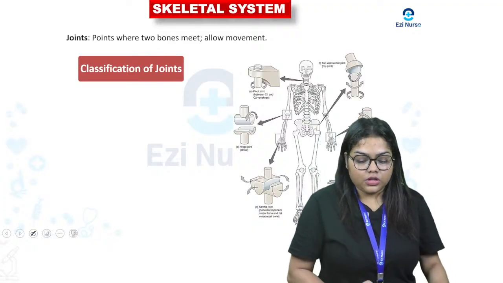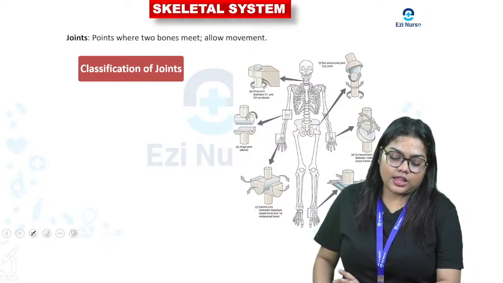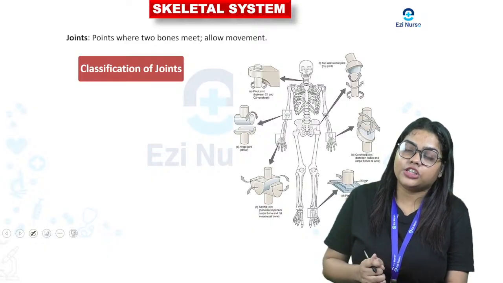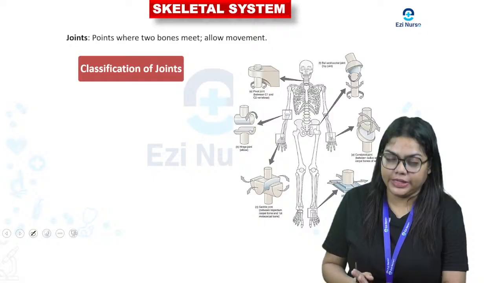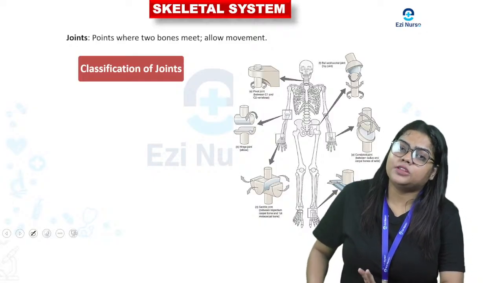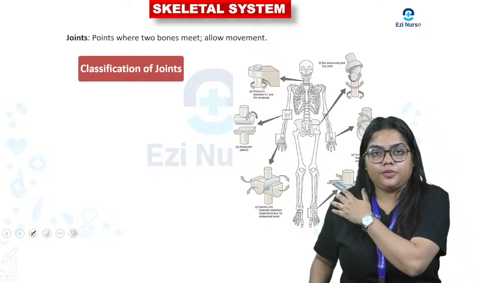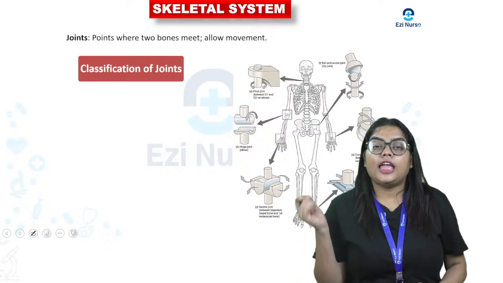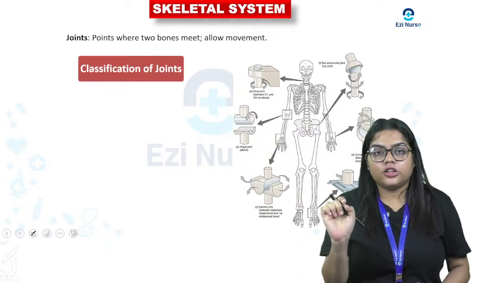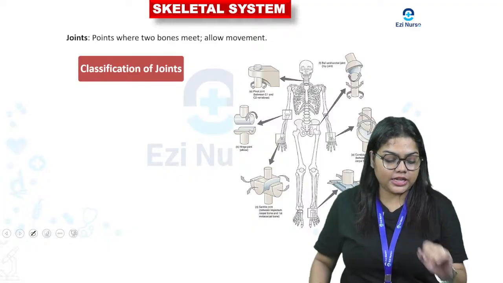The skeletal system has joints where two bones meet. The major examples of joints are the shoulder joint, knee joint, elbow joint and wrist joint. These are the main examples.